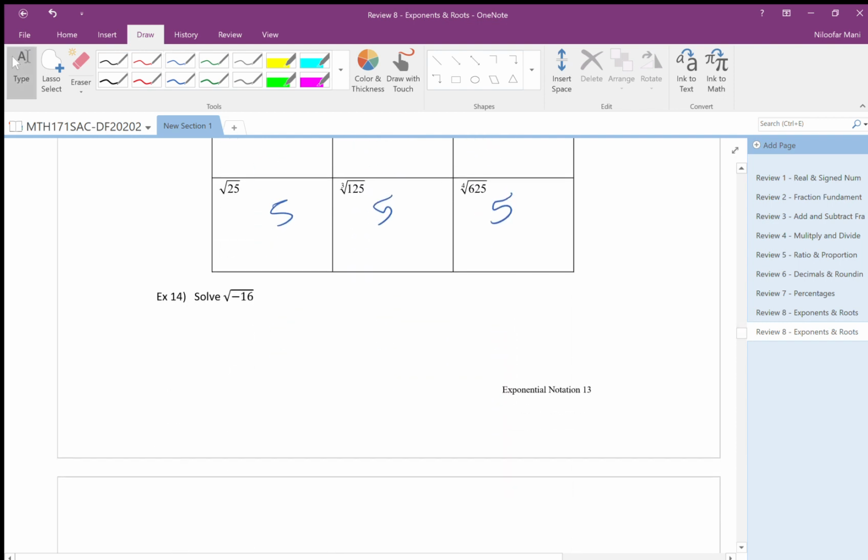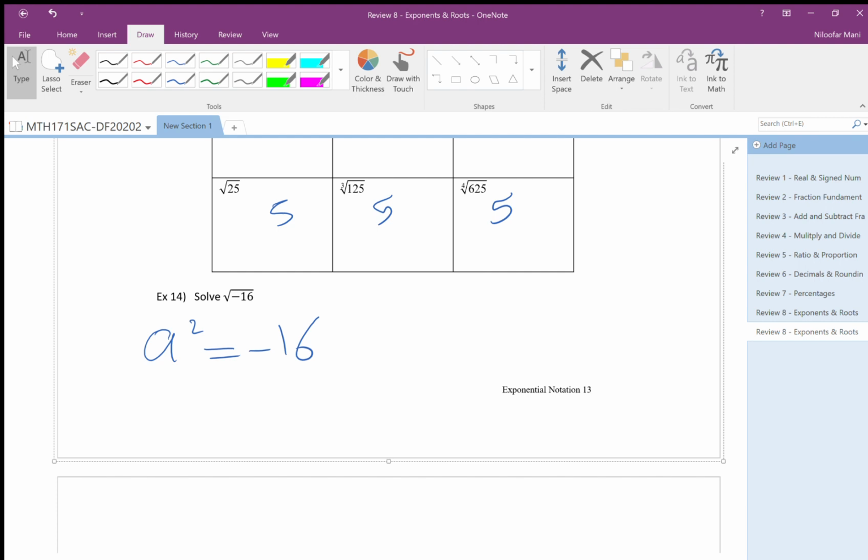Okay? How about here? Solve this. I cannot find any number in real numbers that if I square it, the result is minus 16. I can't. If I square a number, the result will never be minus 16. It's impossible. What happens if I use my calculator? It gives me an error. So what should I do then?